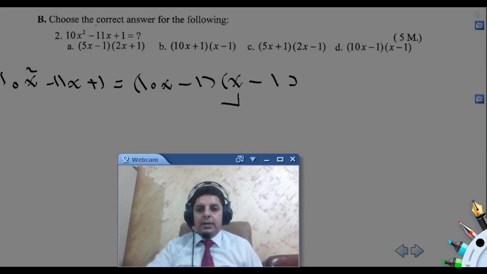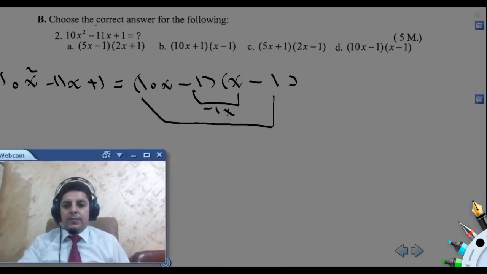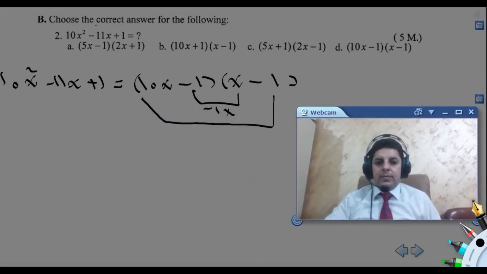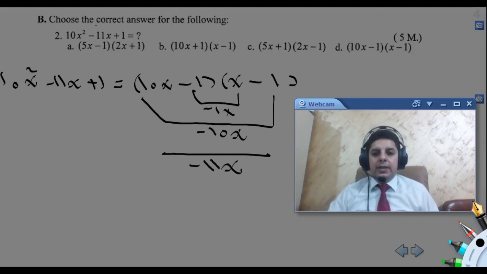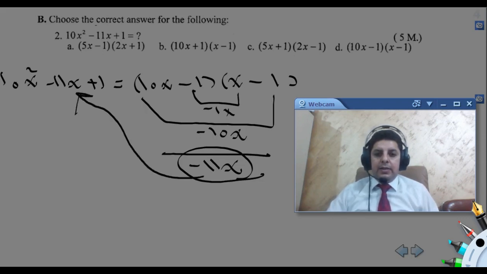Negative 1 times x is negative x, and negative 1 times 10x is negative 10x. By adding, negative 11x, which is the second term, so the answer is correct.